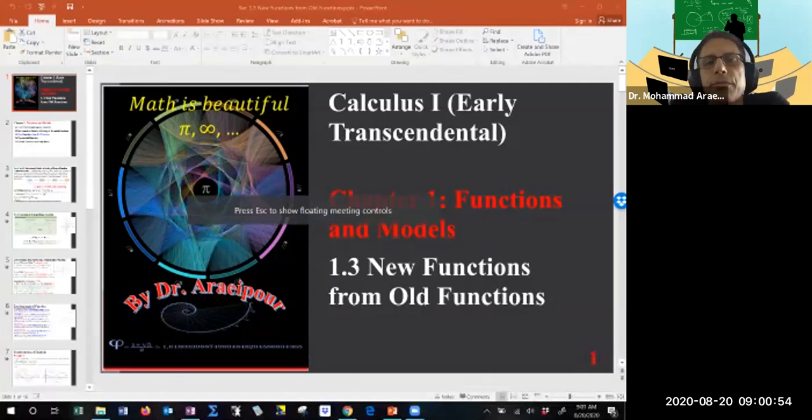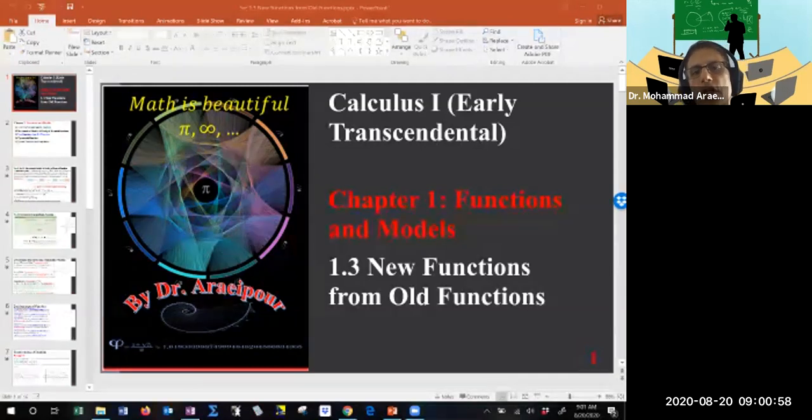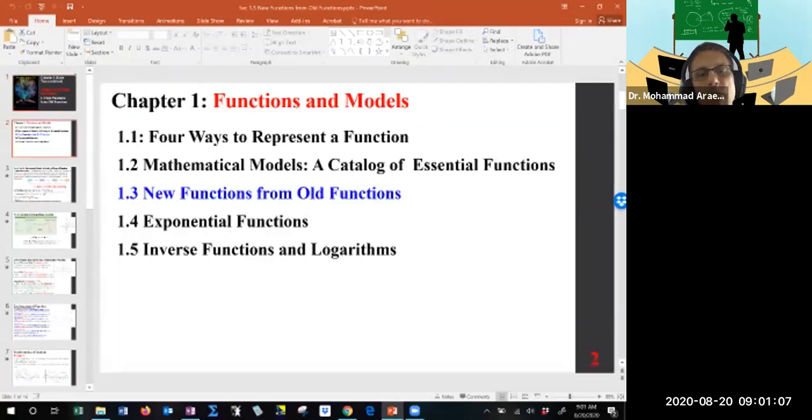All right, class. The next topic is looking at new functions from old functions and the idea of a transformation. This is section 1.3.